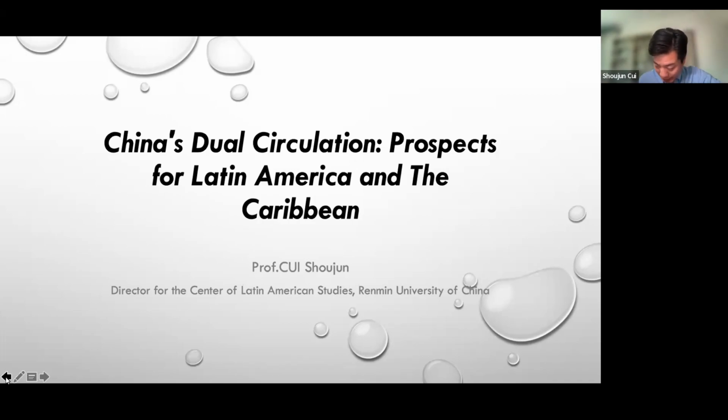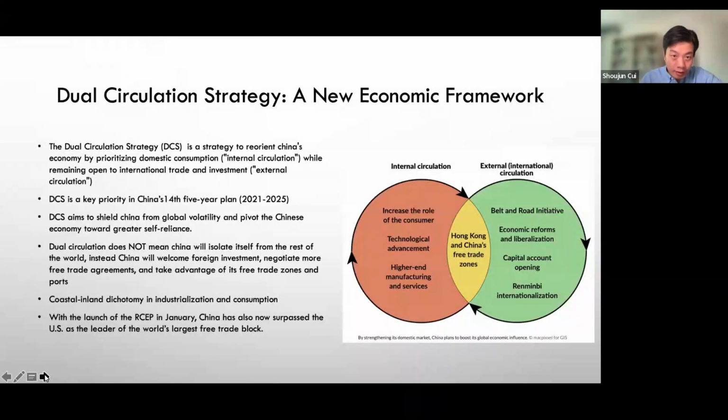However, this topic is very relevant to economy, so I try my best to introduce what dual circulation means and how it will impact China-Latin America relations in the following.